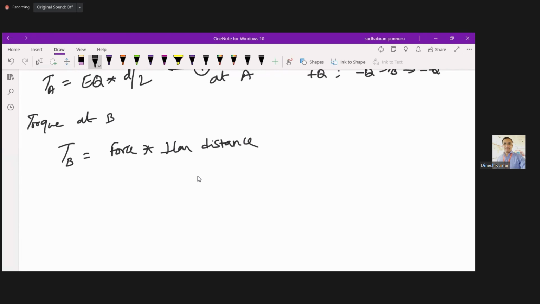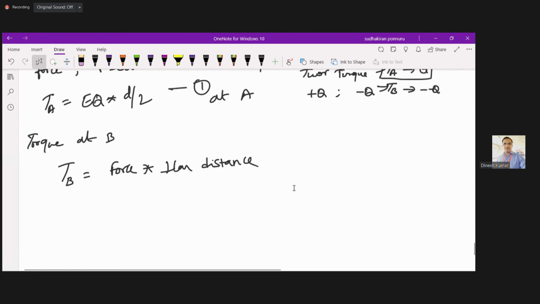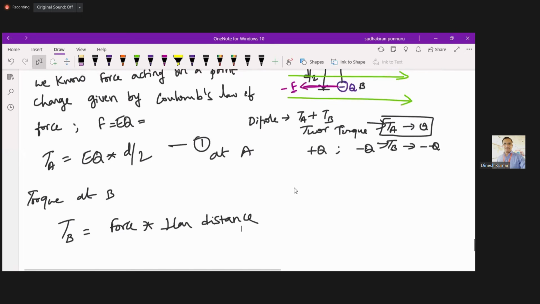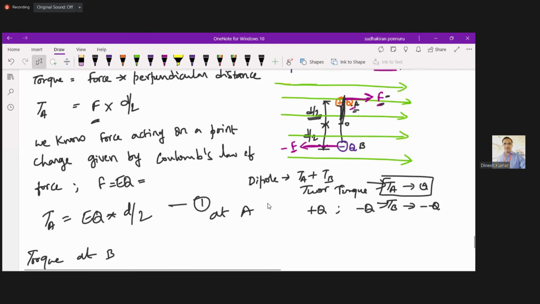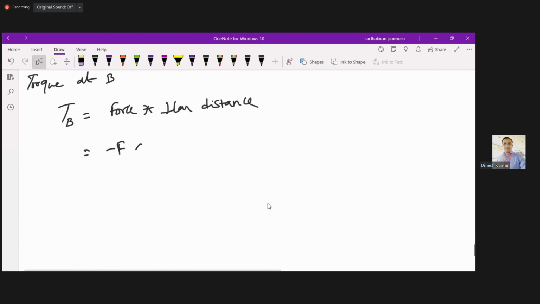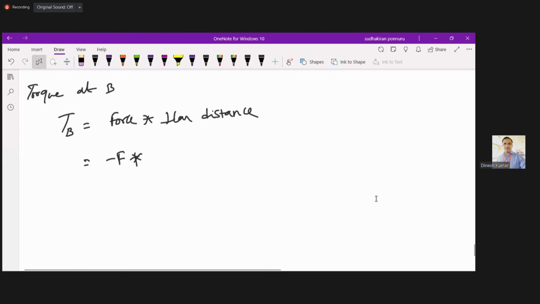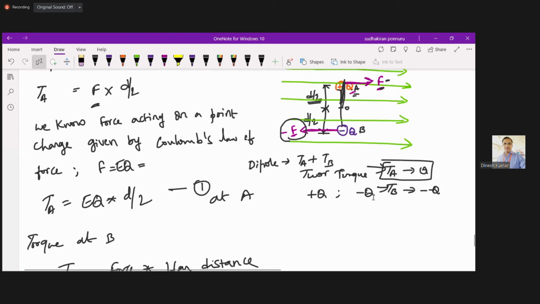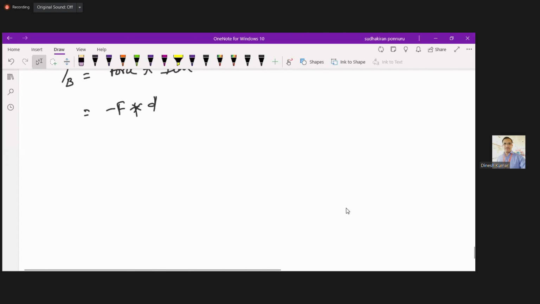But here the force is minus F, multiplied by the perpendicular distance, which is again the same, d by 2. So this is equal to, now we have to get the force equation by Coulomb's law.